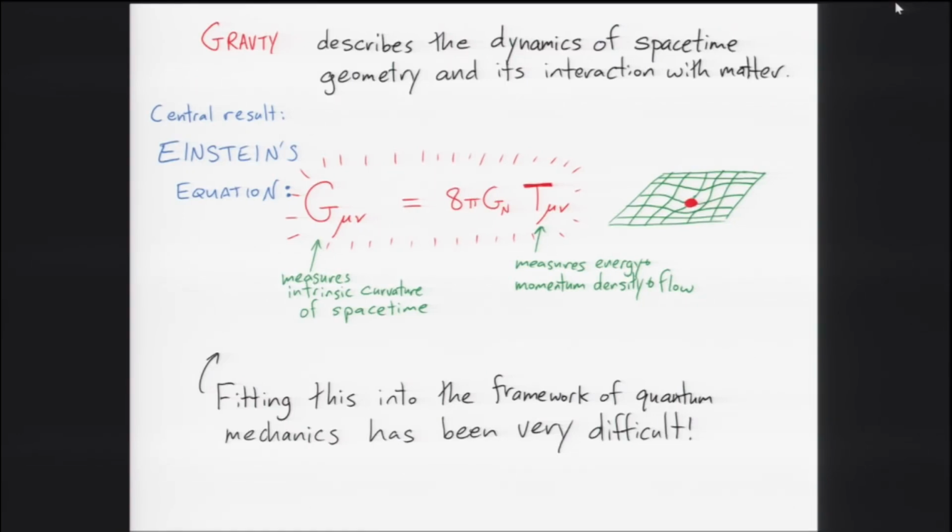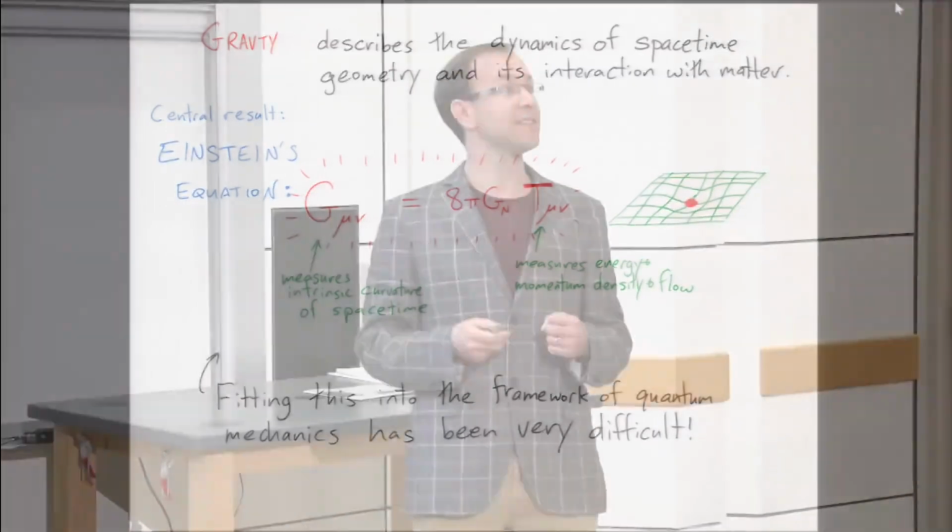And so I guess part of the reason why fitting this into the framework of quantum mechanics is difficult is that the actual space that your physics is living on is dynamical. Okay, we very successfully took electromagnetism and combined it with quantum mechanics.